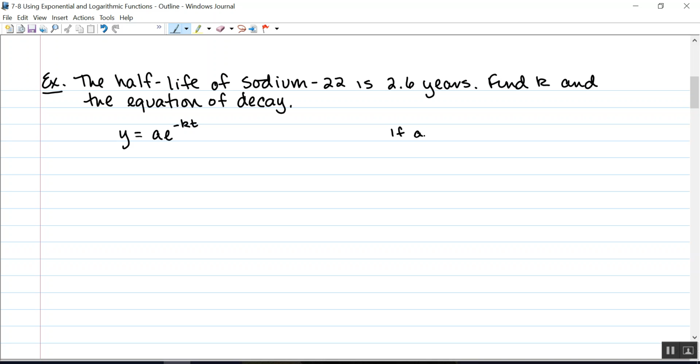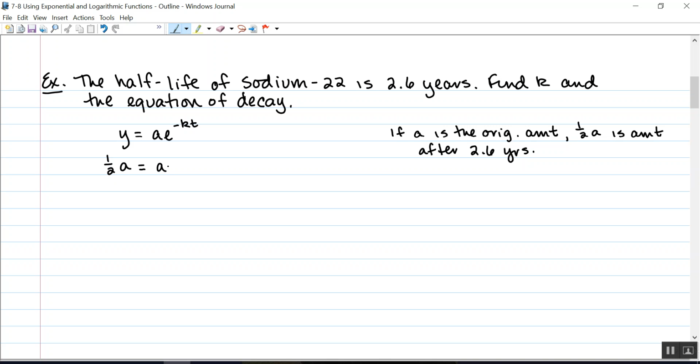So if A is the original amount, then 1/2 A is the amount after 2.6 years. So I'm going to have 1/2 A over here, because that's the amount that's going to be left after it decays.